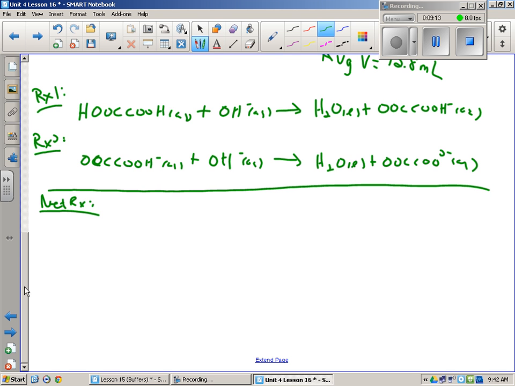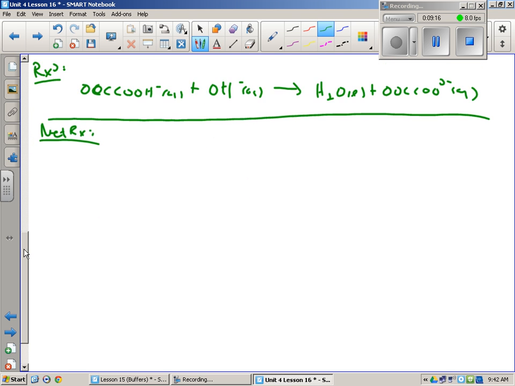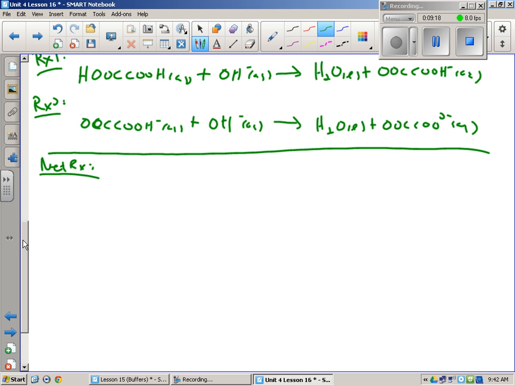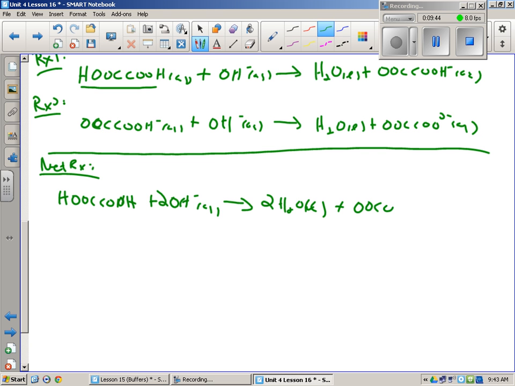Now, some of you guys are probably saying, do I really need to write out both those equations? I guess if you pick up on the pattern here, probably not, no. As long as you understand that it's, in this case, going to take you one of those and 2 hydroxides to give you 2 waters and OOCCOO2 minus.